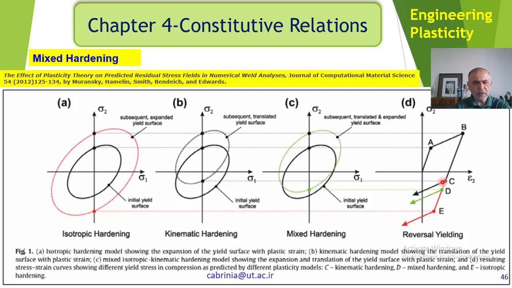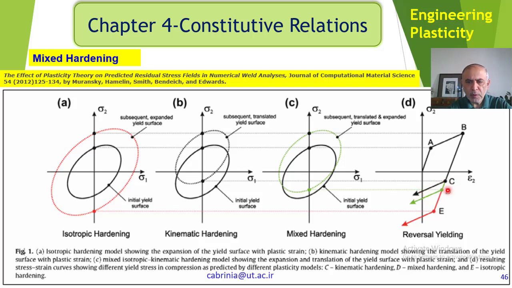For instance, the C is for this material, okay, which shows the Bauschinger effect and a very pronounced difference. You see, the yield point in tension, that's the yield point in compression. So that's the elastic unloading.